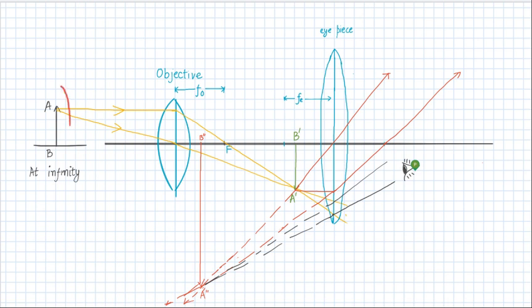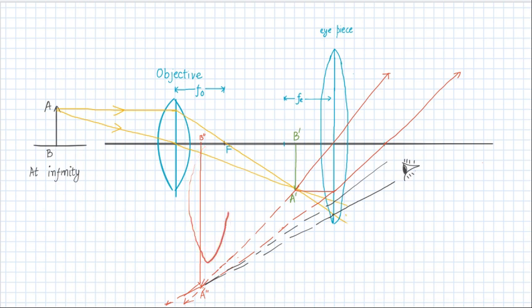Because the actual object which is placed at infinity forms its final image at this point. Fine. Therefore, if you look at your object and your final image, what are the points you can note here? This object forms an inverted image. Apart from being inverted, it also forms a magnified image.